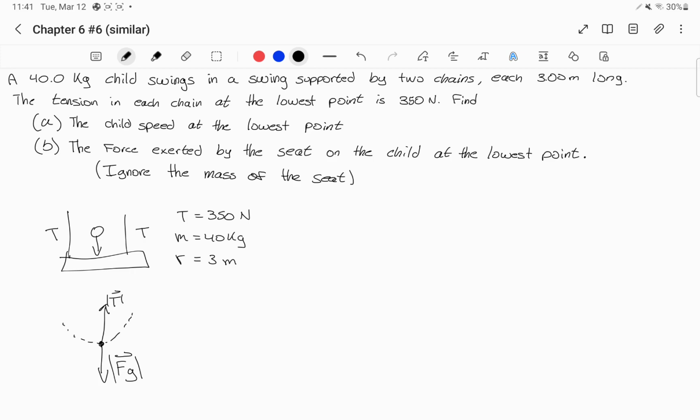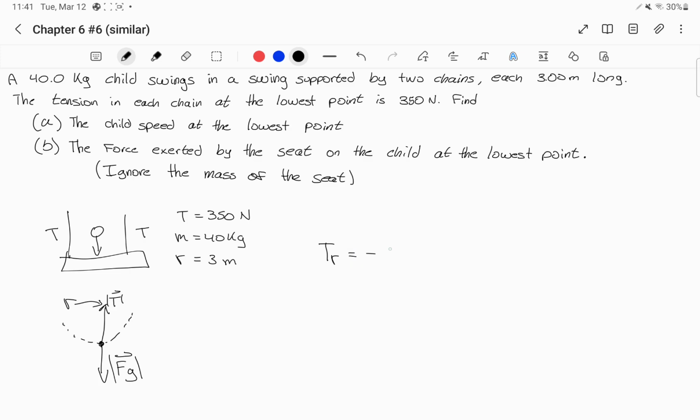Because we are ignoring the mass of the seat, we don't have to show a gravitational force pulling down on the seat itself. We are only showing the gravitational force exerted by the child's weight downward. So because our R is the center of the circle, that means that the tension is negative.